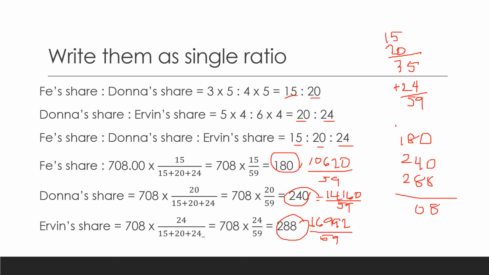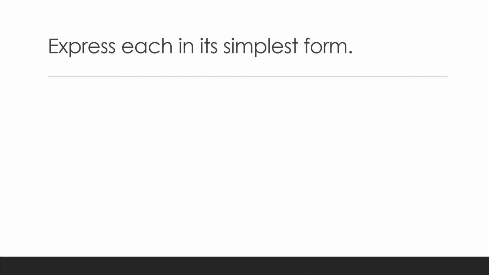So carry 2. We have 2, 3, 5, 7, 708. That's correct. All right. So that is the shares of each of the siblings.